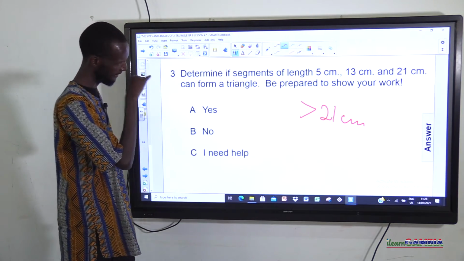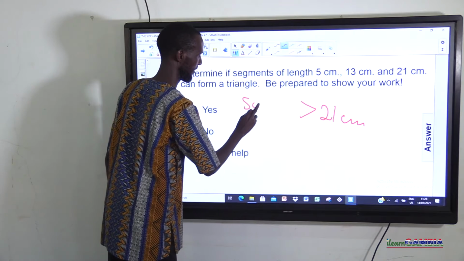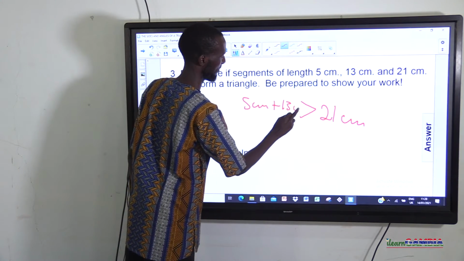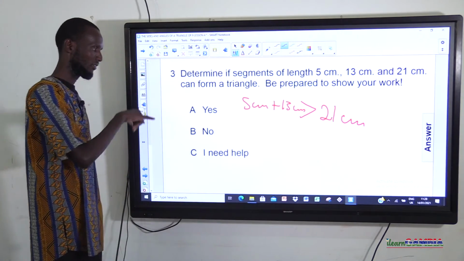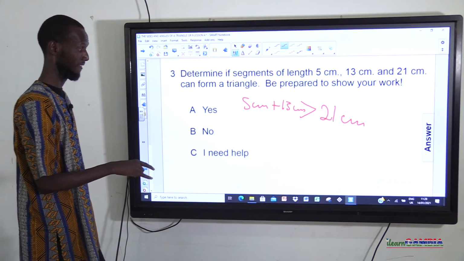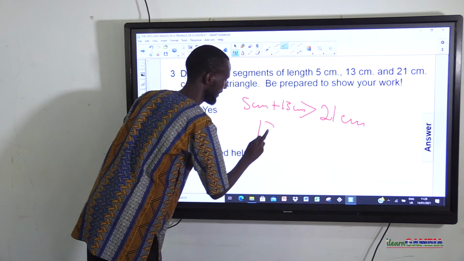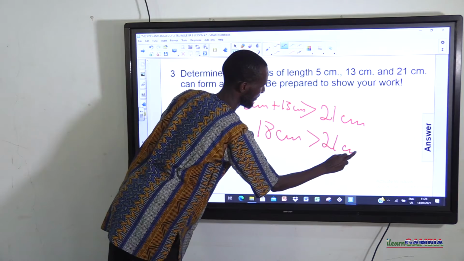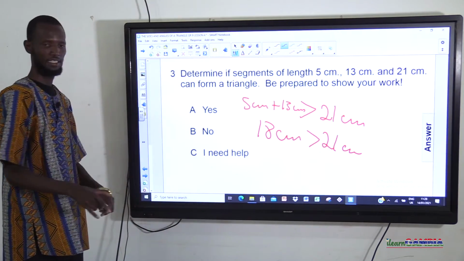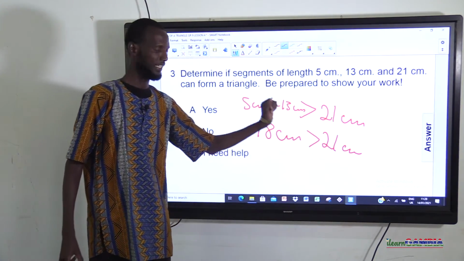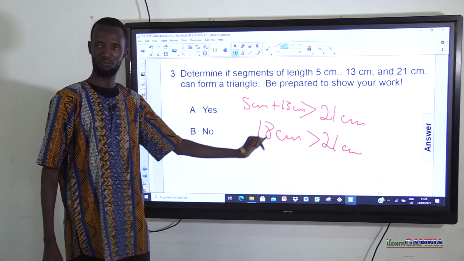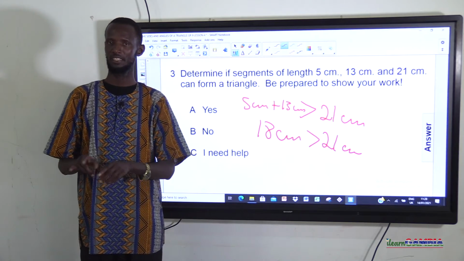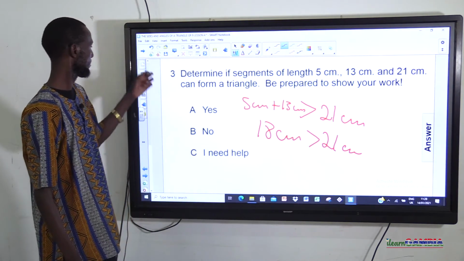And the shorter sides are 5 centimeters and 13 centimeters. Now, if you add that up, 5 and 13, that should give you 18 centimeters. Is that greater than 21 centimeters? Since they are the same unit, 18 is not greater than 21. It's actually less. So these three lengths cannot form a triangle. Okay?